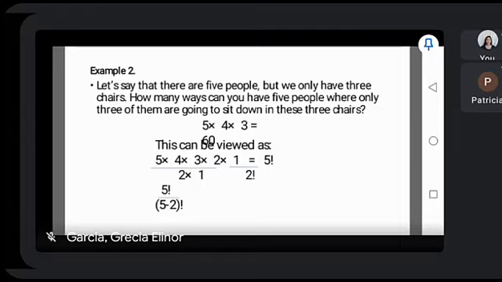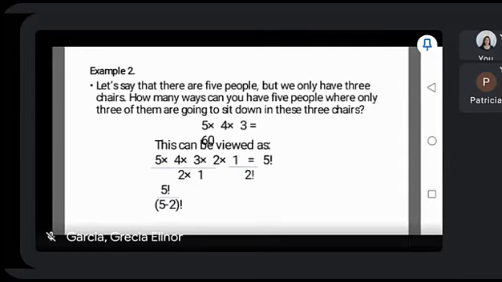If one person already sat in seat 1, how many people could sit in seat 2? Well, if one person has sat down, there are 4 people left who haven't been seated. But how many people could sit in seat 3? We could put 3 different people in seat 3. So 5 times 4 times 3 is equal to 60, meaning we have 60 permutations.